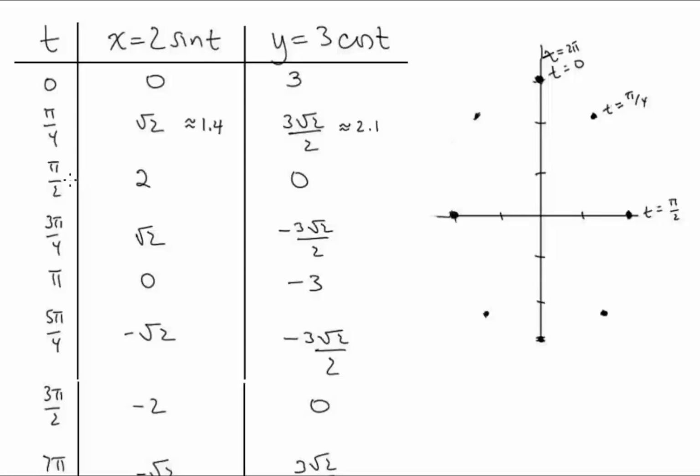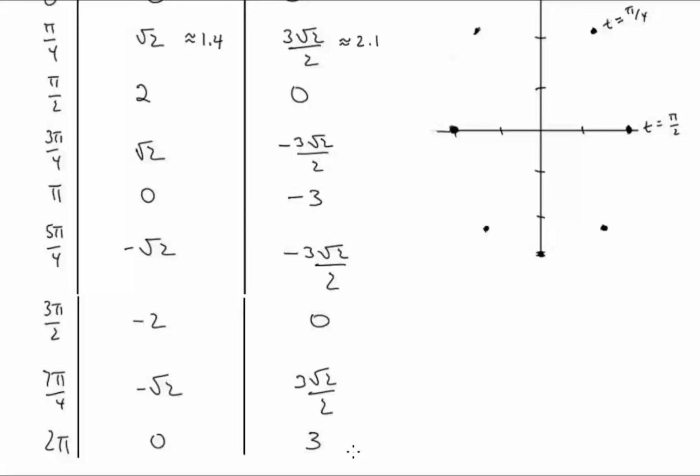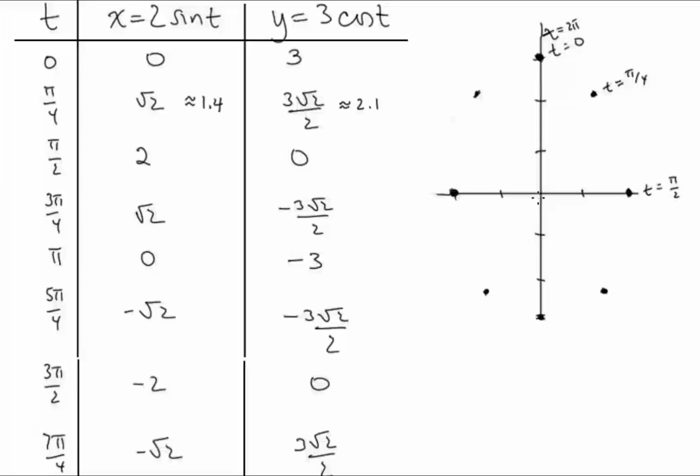For t equals pi over 2, we have 2 comma 0, and so on for the rest of these points. And notice that at t equals 2 pi, we're back at 0, 3. So our curve looks like this. And notice again, we're showing the orientation of the curve. We're showing the direction as t increases.